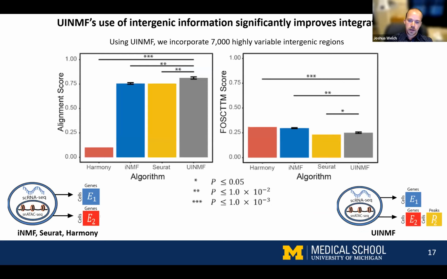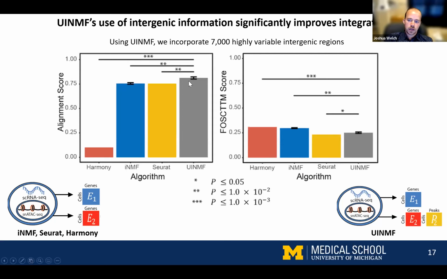And we also did a comparison with our previous version of INMF and with Harmony and Seurat, and we found that we were able to consistently see better results compared to the INMF algorithm, which doesn't use the intergenic peaks.